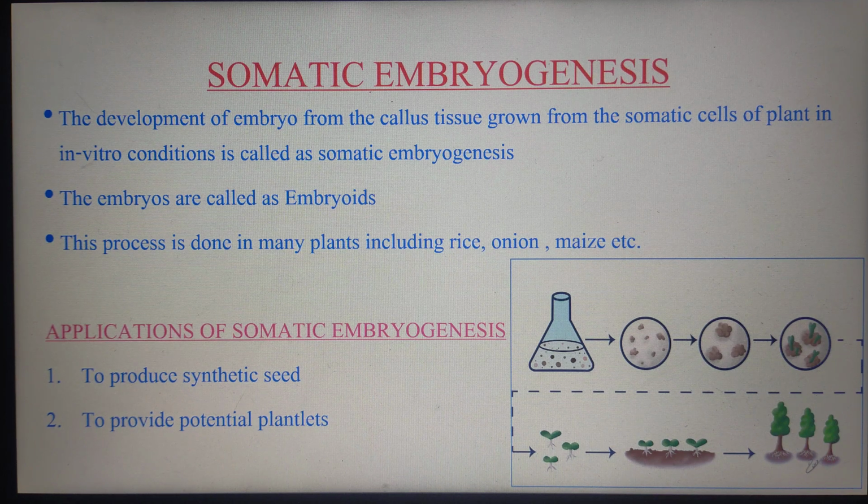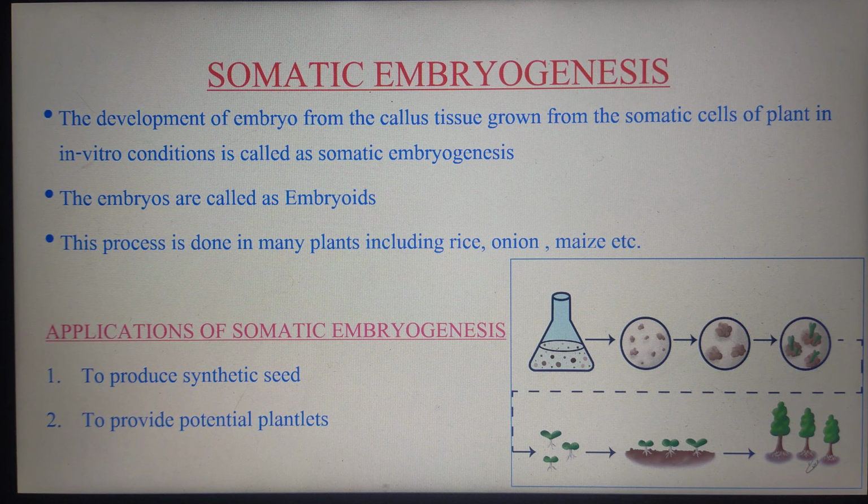So while we discussed the concept of PTC, the procedure of PTC, we have studied that any plant part can be used to develop an entire plantlet. We can take a part of a leaf and we can culture it, make the callus, develop the embryo, then plantlets and an entire plant.